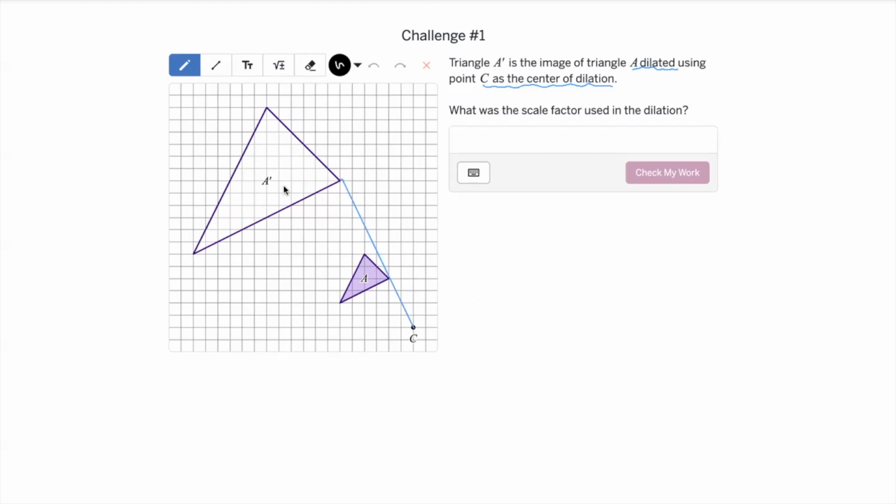I could probably select it and move it over a little bit. There we go. Okay, and then another one going through these 2 points. And then one more. So I want you to do this on your Amplify. I want you to draw these lines on your Amplify.